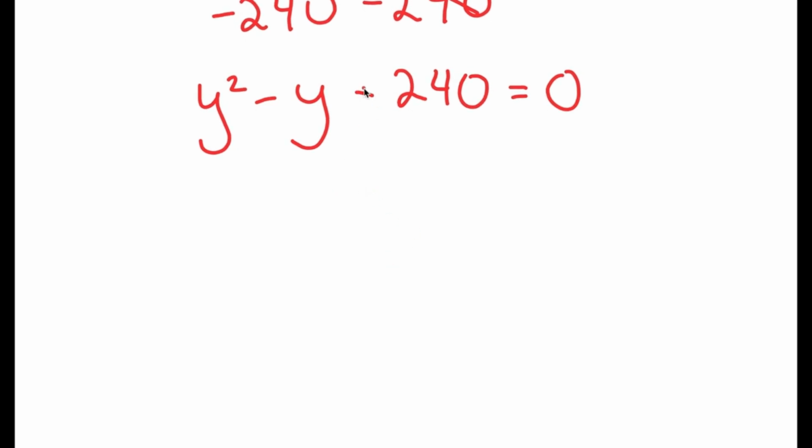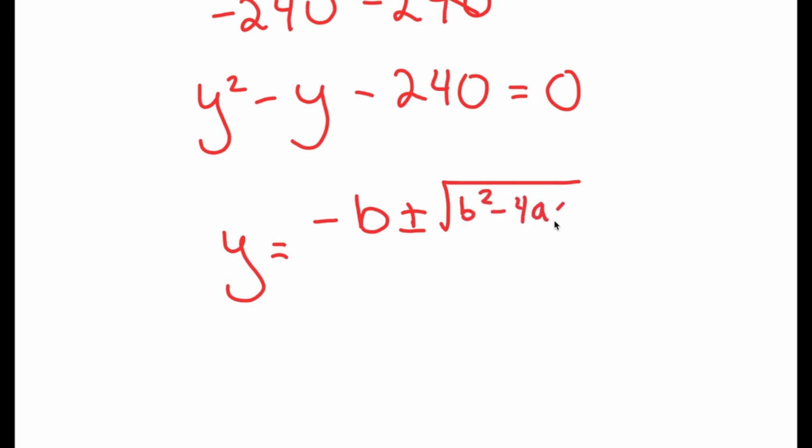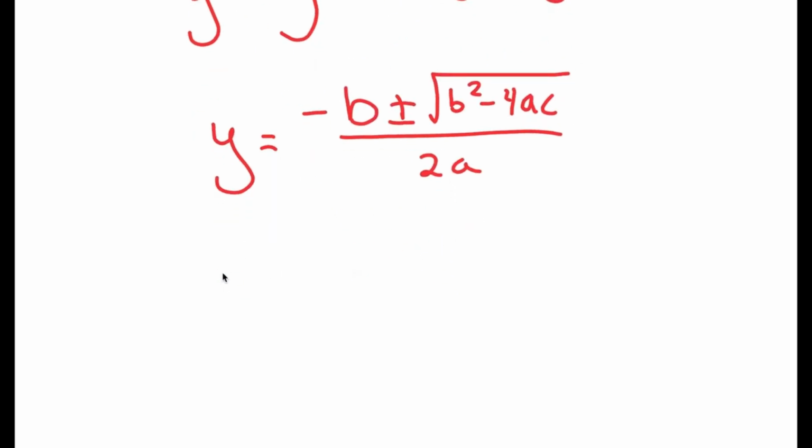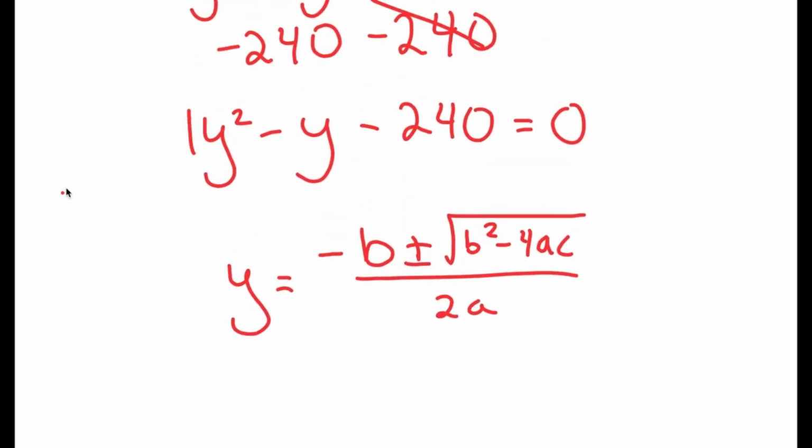and to find the solutions of this quadratic equation, I can use the quadratic formula. So if you guys already know, the quadratic formula is negative b plus or minus the square root of b squared minus 4ac all over 2a. So in this case, looking over here, a is 1, b is negative 1, and c is negative 240.